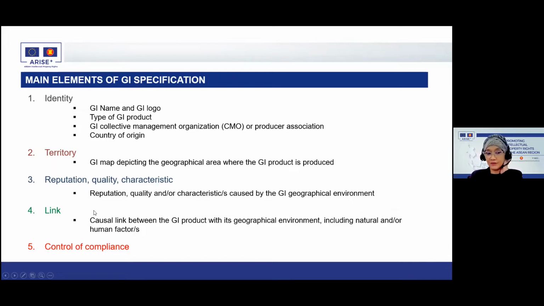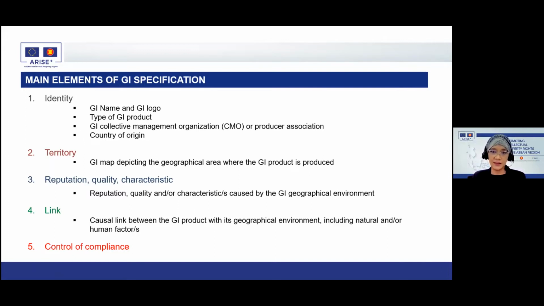Even though we know that this requirement is not in the TRIPS version but in the Lisbon version, in best practice we have to establish the link, because there should always be a causal link between the GI product and its geographical environment. Without that, what's the reason for protecting a GI? There is no reason.